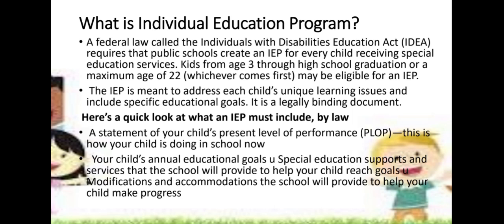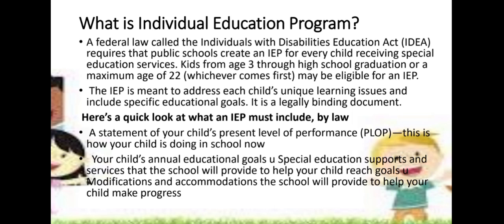This is how your child is doing in school now. Another is your child's annual education goals, special education supports and services that the school will provide to help your child reach goals, modifications and accommodations the schools will provide to help your child make progress.